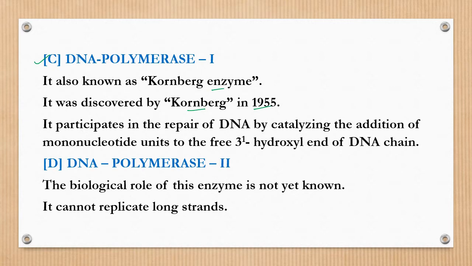This enzyme participates in the repair of DNA by catalyzing the addition of mononucleotide units to the free 3-hydroxyl end of the DNA chain. So it participates in repairing of DNA.